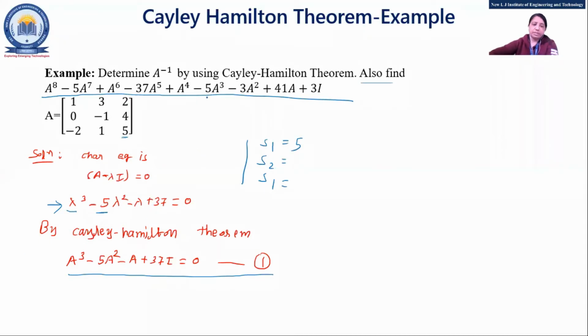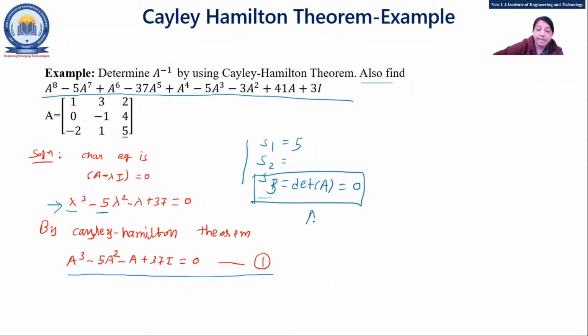Now, S3 means the determinant of A. If you find it 0, then directly you can write that A inverse is not possible. If your determinant is 0, you can't find A inverse, so no need to write down the other things.